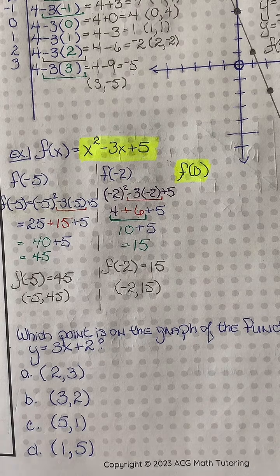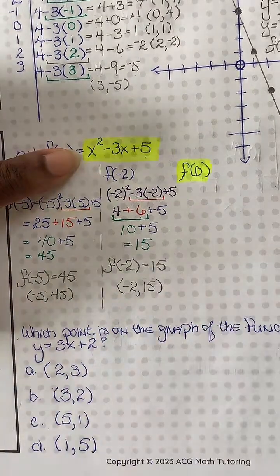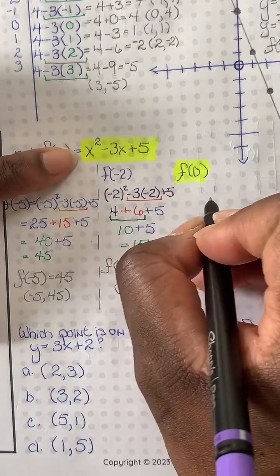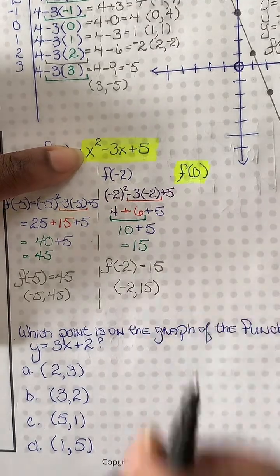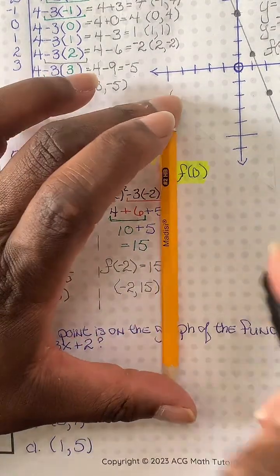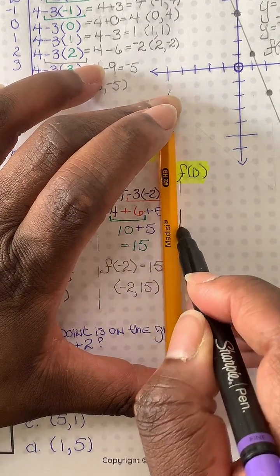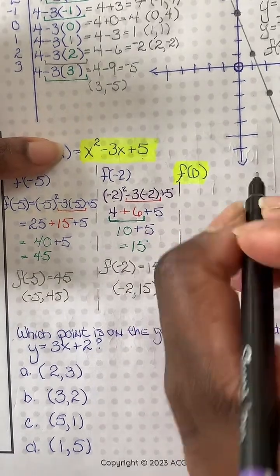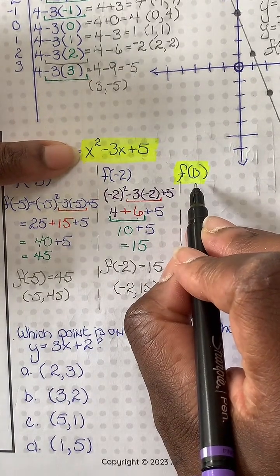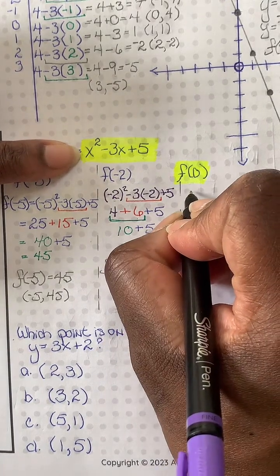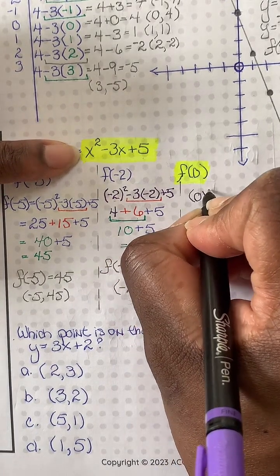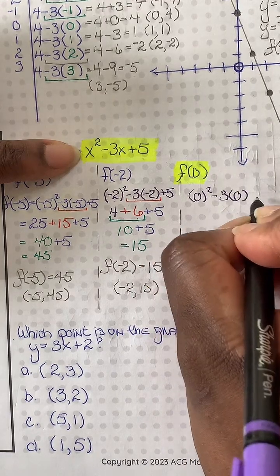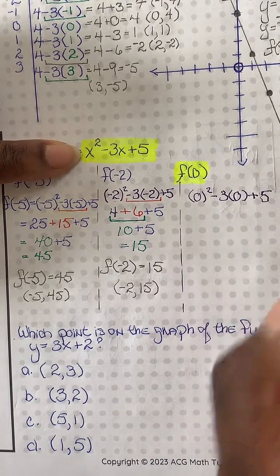All right, so let's take a look at the function. We are plugging in a 0 every time we see an x. So we're looking at 0 squared minus 3 times 0 plus 5.